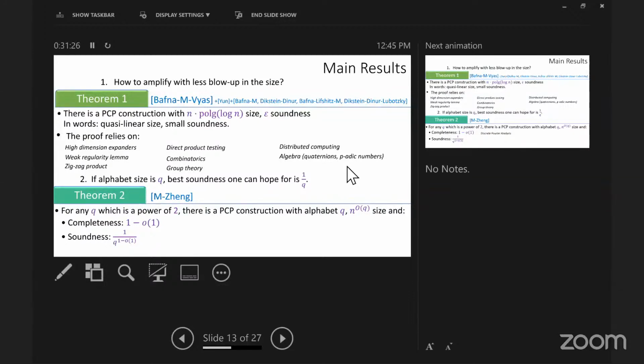And because it comes up in some applications, I've also spelled out what is the size of the PCP as a function of the alphabet size. It plays a role in one application, and it's fairly decent. It's not too bad. Okay, so these are the main results.